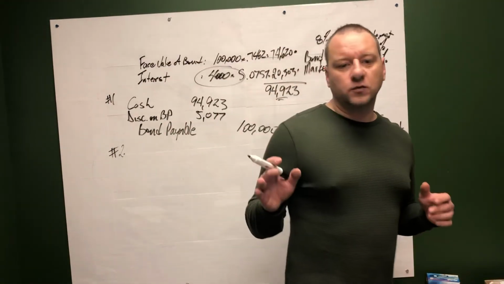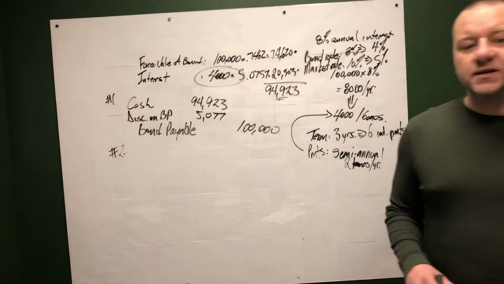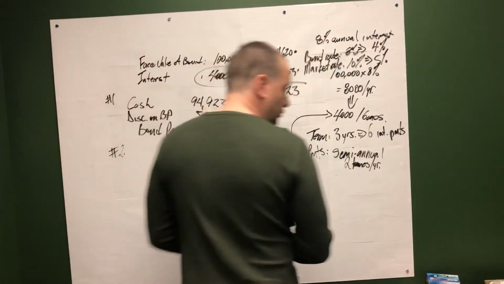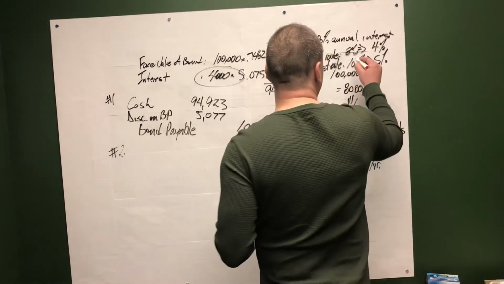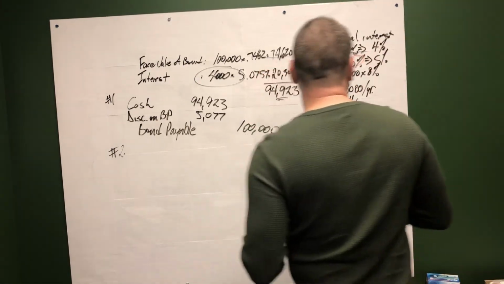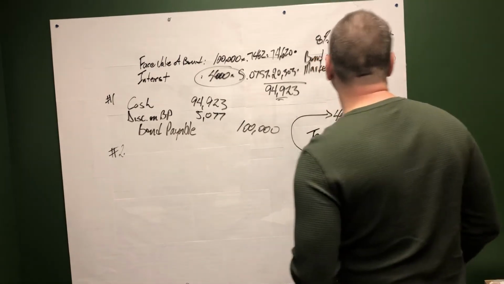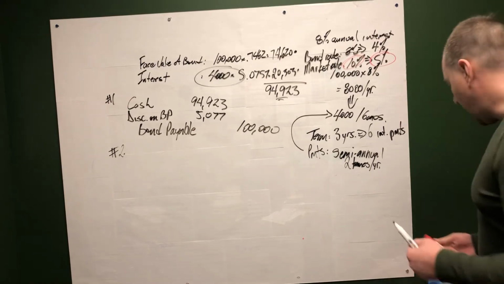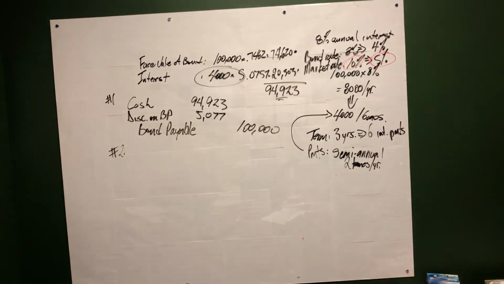This constant rate of interest is at the market rate at the date of issue. So the market rate at the date of issue, again, was 10%. Now, we pay on a semi-annual basis, so we have to convert that, divide 10% by 2, and use 5%. Now the next step is, how do we make our journal entry to record the payment of interest?